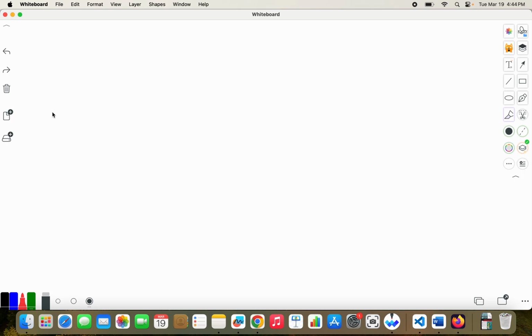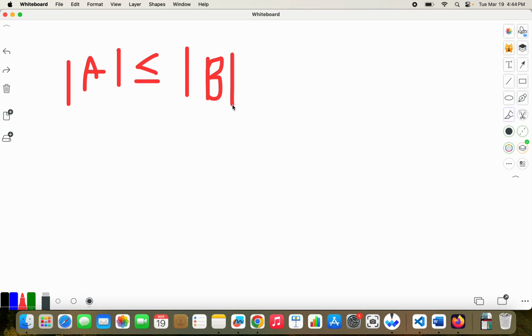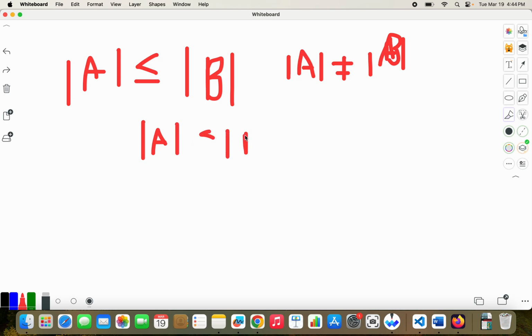And now this is the same kind of principle, except if there exists an injective function from A to B, and the injective function is not bijective, so the cardinalities are not equal, then A is strictly injective to B. That's actually not a term.